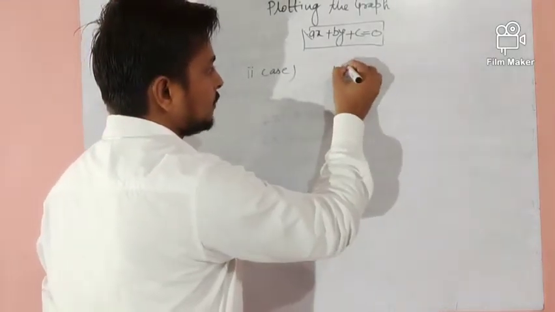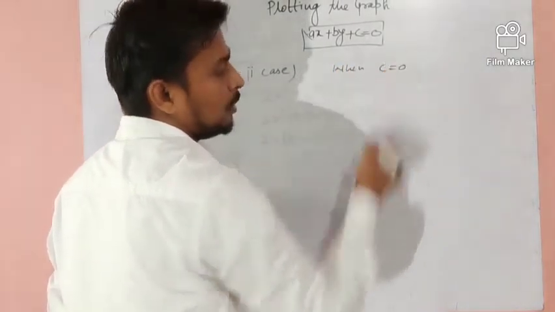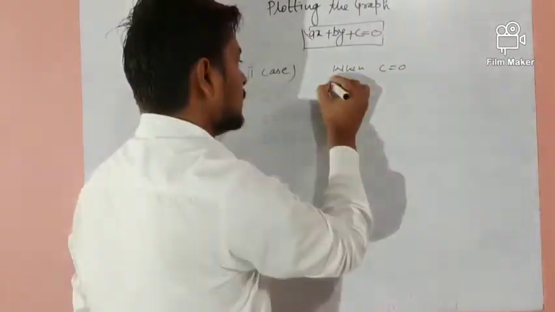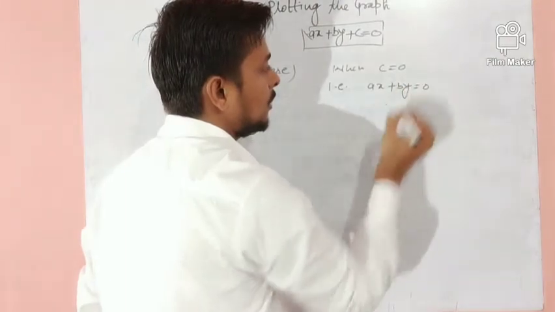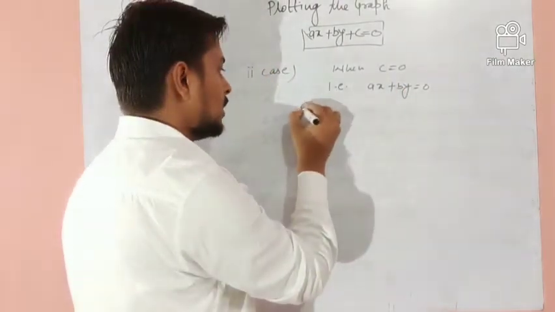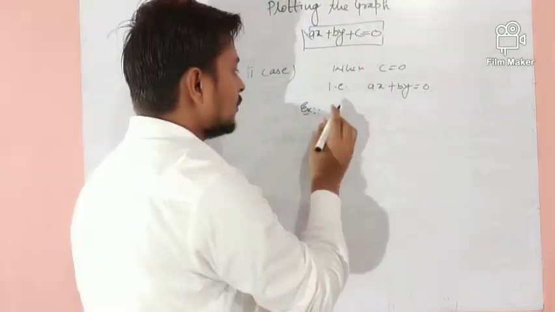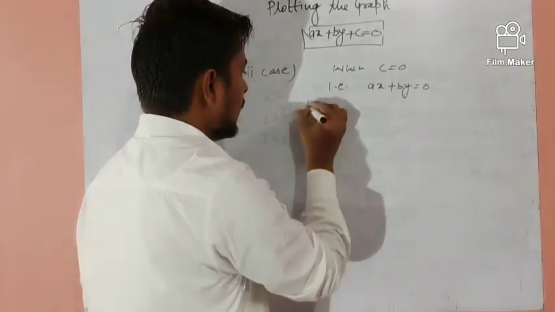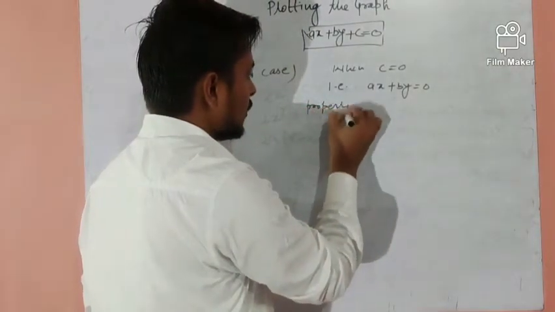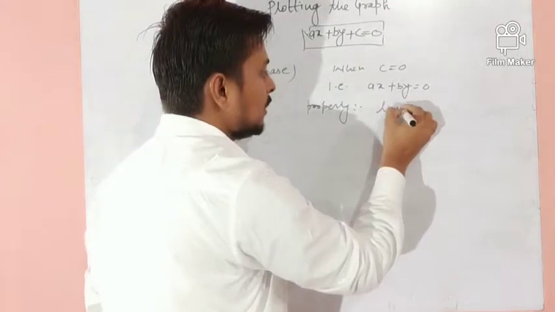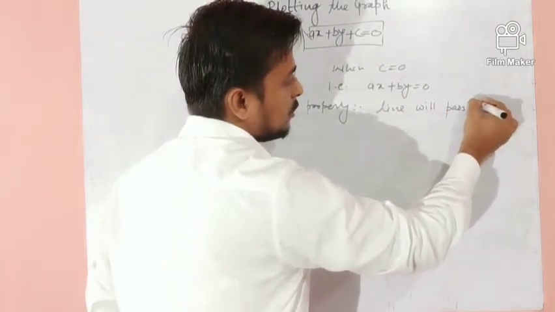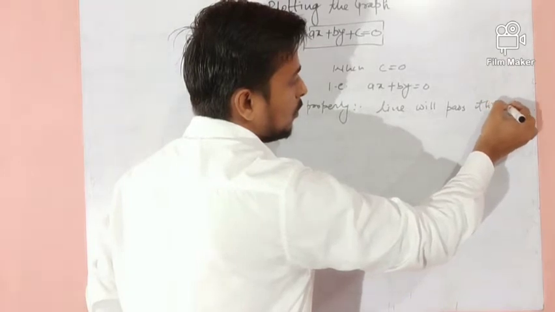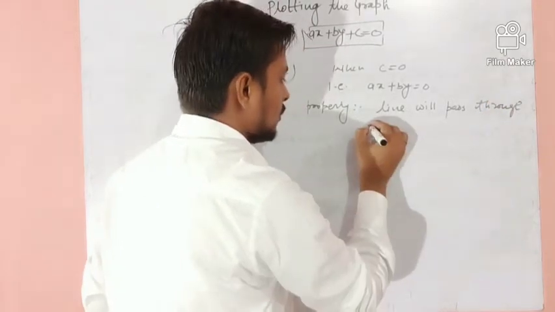Now the second case, when c is equal to 0, that is ax plus by is equal to 0. One property: the line will pass through the origin.